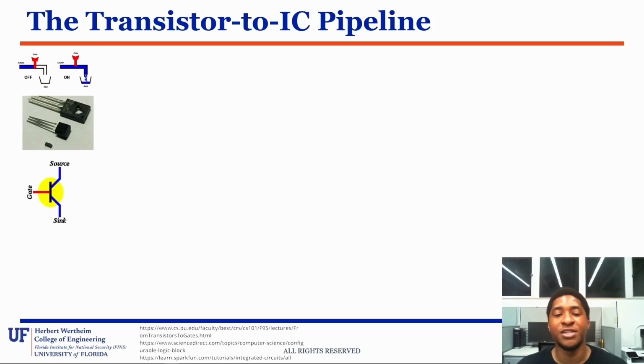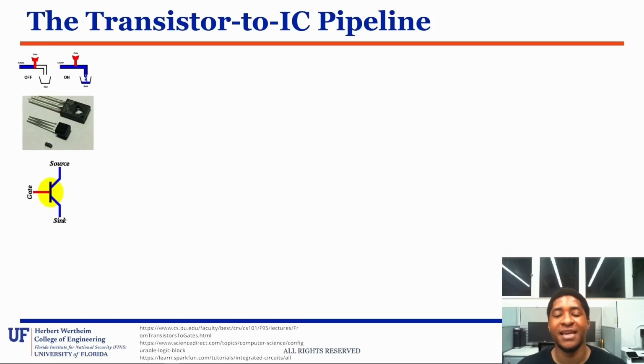If you want a good description of a transistor, think of it as a faucet. Now, the transistor, as you can see, is made up of a source, a gate, and a sink. The source would be the water company. The gate would be the knob that controls the faucet, and the sink would be where water flows into.